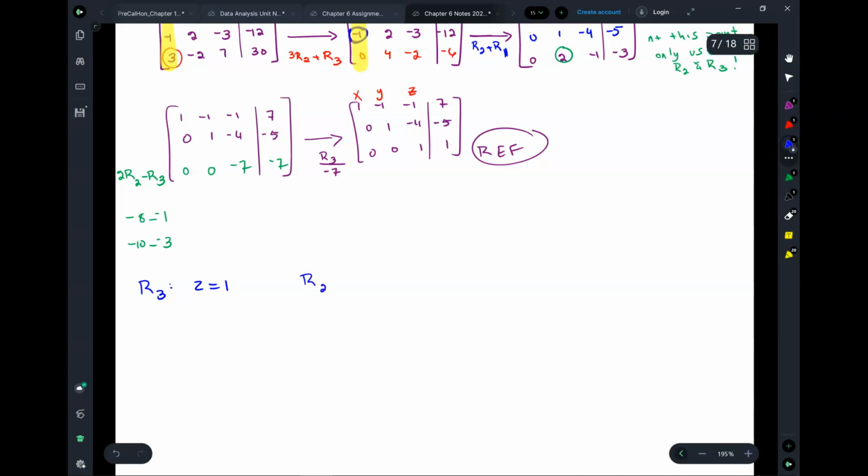What do I have in row 2? 1y minus 4z equals negative 5. So y minus 4 times 1 equals negative 5. Y equals negative 1. Okay, what do I get from row 1? X minus y minus z equals 7.